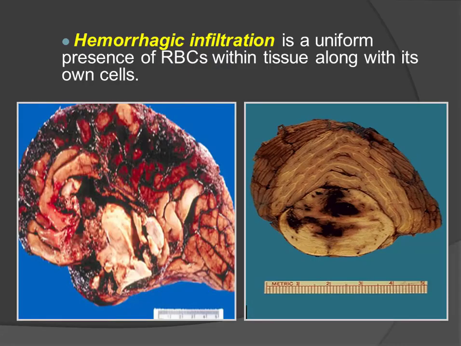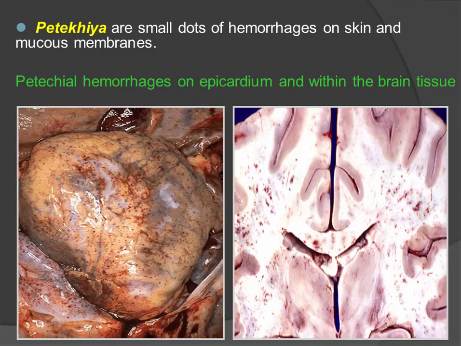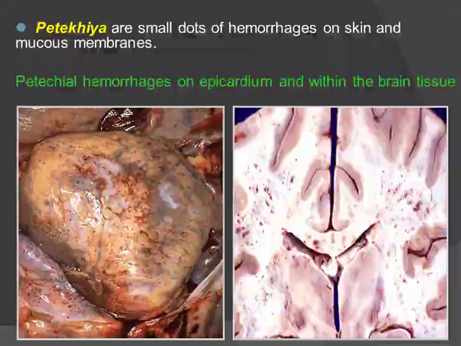Hemorrhagic infiltration is a kind of hemorrhage with preserved integrity of tissue. Ecchymosis is a planar bleeding in the skin, subcutaneous tissue, and mucous membranes. And petechiae are point-like hemorrhages in the skin, mucous and serous membranes, or internal organs.